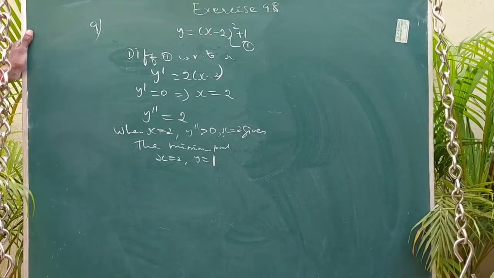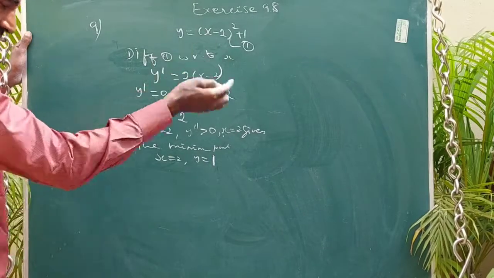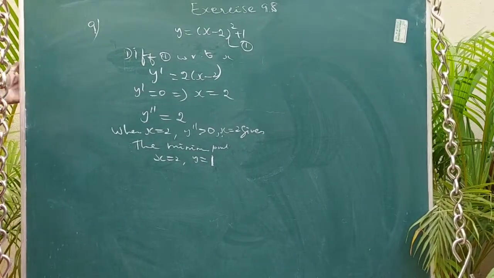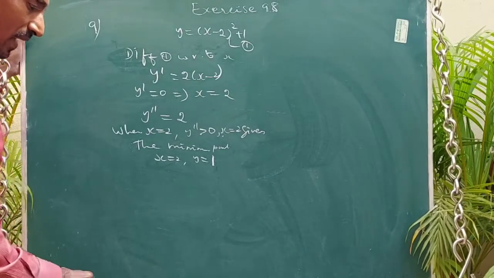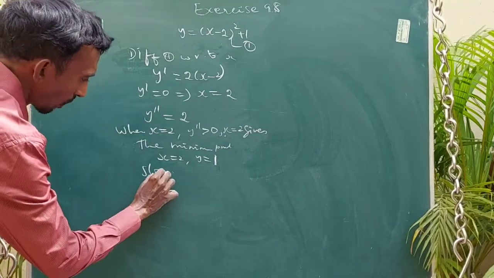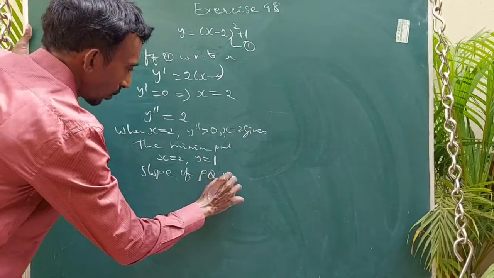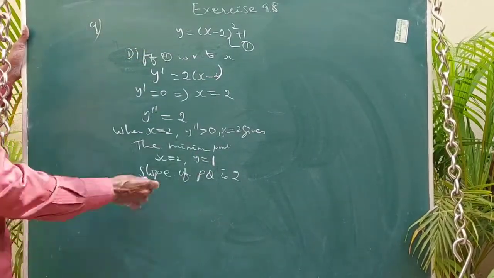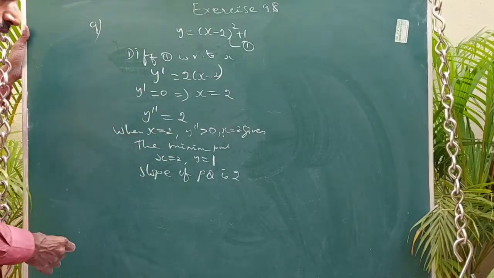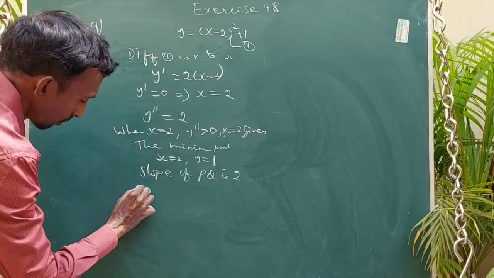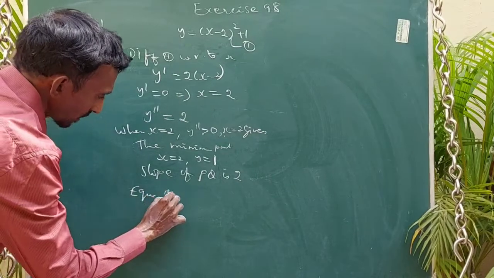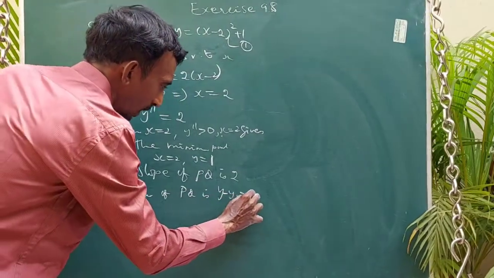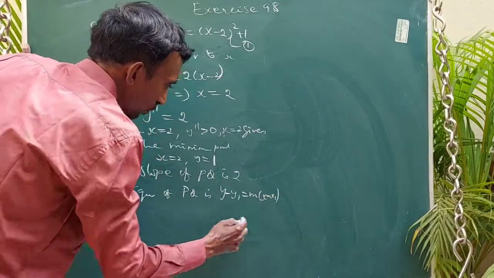Given that, again Q is on the curve. The slope of PQ is given as 2. Already we have the point (2, 1), the minimum point, which is the point P. So the equation of PQ, use the formula y minus y1 equal to m into (x minus x1).